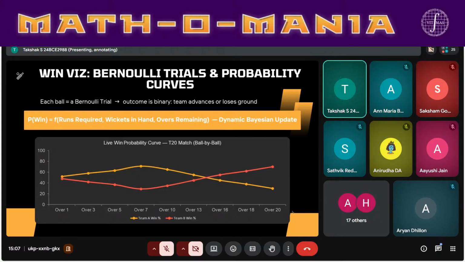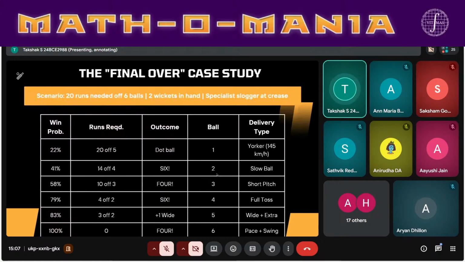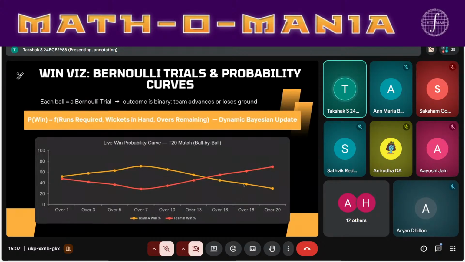Looking at the live win probability here, you can see Team A's win probability starting at 50%, rising through the power play to around 70% as they build a strong position, then gradually declining through the middle overs as Team B starts to get comfortable, and crossing over around over 13 here, where both teams are approximately equal, and then Team B's probability rising sharply through the death overs as they execute a successful chase.